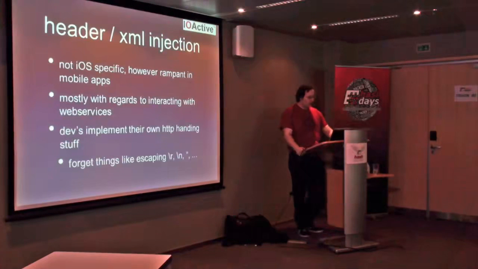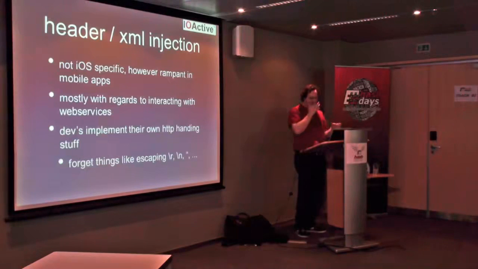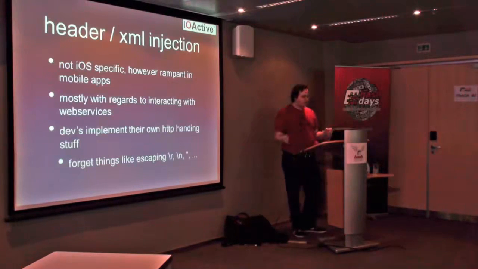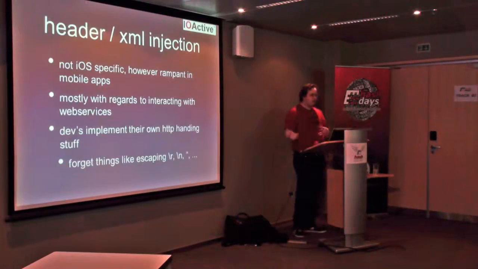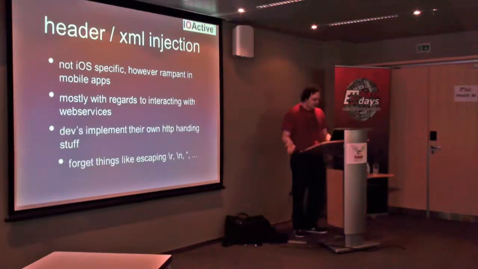And so you'll see these XML injection attacks where a piece of data is sent to the iOS client, and then the iOS client extracts a username or an attribute or whatever from there, and then it takes that piece of data and sends it back to the service, and then when forming the request being sent to the server, they forget to do proper escaping of this piece of untrusted data, and all of a sudden you get XML injection.